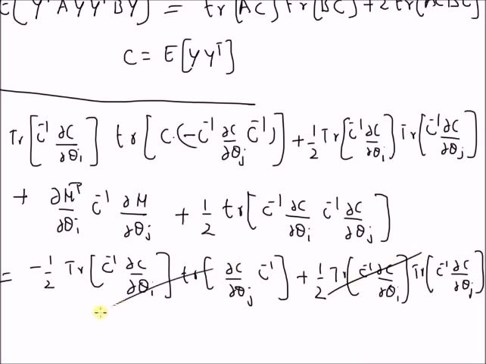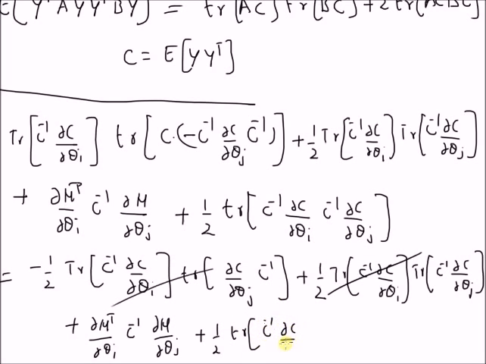So these two terms cancel each other, and therefore we are left with the product derivative of mu transpose with respect to theta I multiplied by C inverse derivative of mu with respect to theta j plus 1 by 2 trace of the product, that is C inverse derivative of C with respect to theta I C inverse derivative of C with respect to theta j.